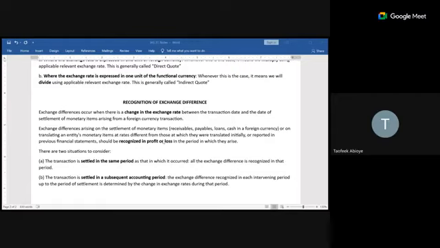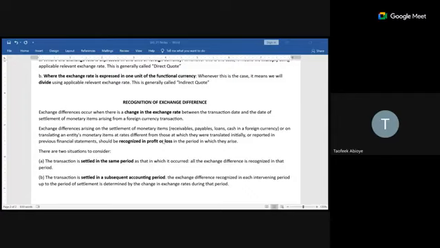Number one, are the transaction date and the date of payment, the settlement date, the same? If they are the same, the exchange difference will be recognized in the same period. That is A. Then B, if it is in a subsequent period, that means the transaction was carried out last accounting year, and the settlement is in the new accounting year. So the exchange difference will be recognized in the period of settlement.